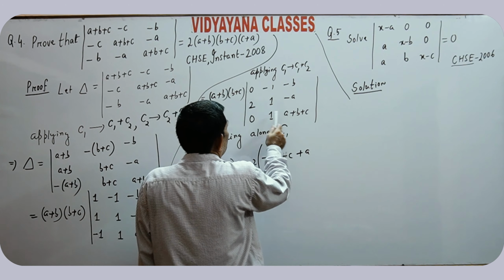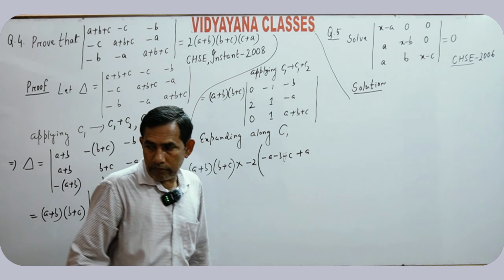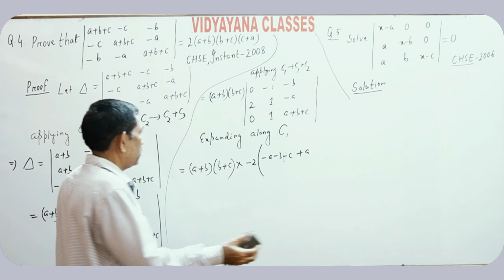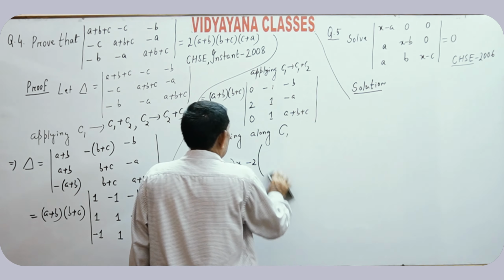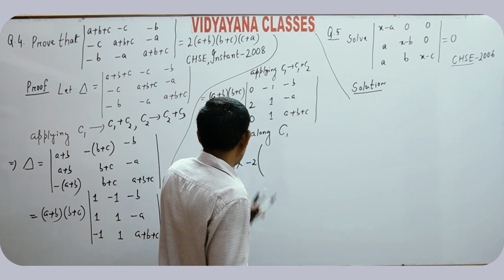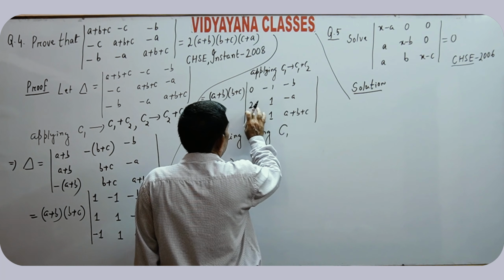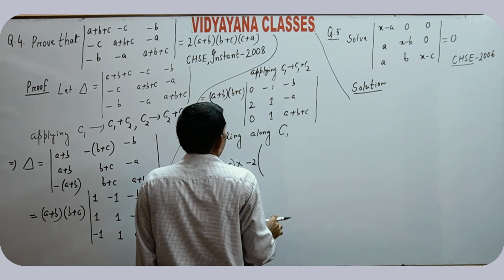Sorry, the sign of 2 is negative. Deleting the second row and the first column.